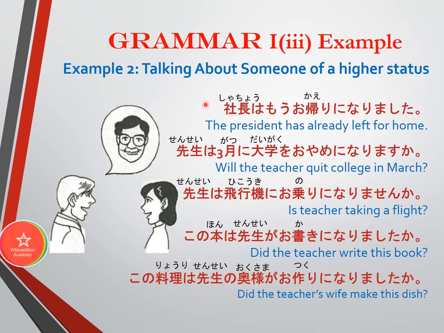So over here, maybe they're talking somebody more senior, for example, the president, the teacher, right? So let's begin. The president has already left for home. 社長はもうお帰りになりました。Kaerimasu become お帰りになりました。先生は3月に大学をお辞めになりましたか? Will the teacher quit college in March?